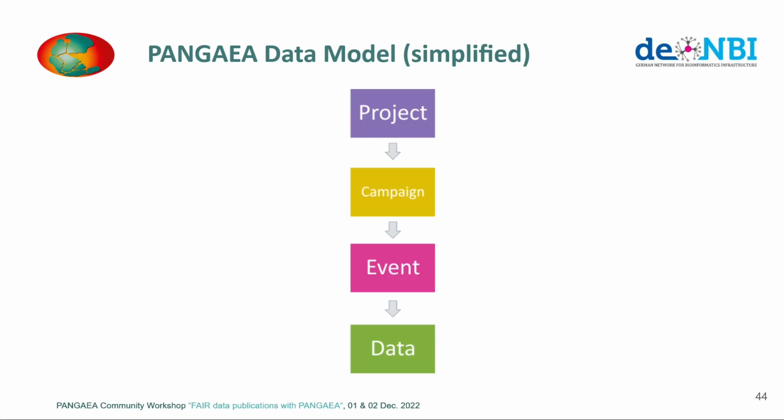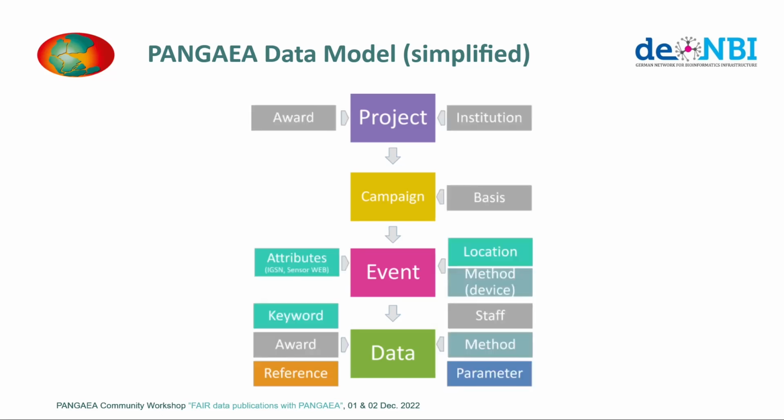So let's talk about the PANGAEA Data Model. It consists of 4 major tables, which are called project, campaign, event, and data, and a number of minor tables, which are award, institution, basis, location, method, device, attributes, keywords, awards, references, staff, method, and parameters.